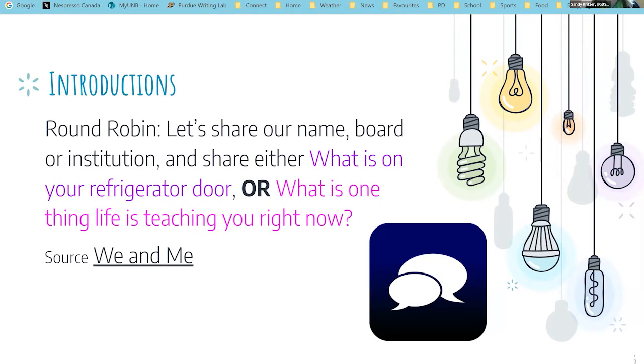There you go, Sandy. Okay, so Sandy has a lovely, awesome example. She's put her name, how she identifies, which is part of what you do, where she is from, in her case, Upper Grand, and then also what life is teaching her right now. And as I know her well, that is an appropriate thing for her to make.